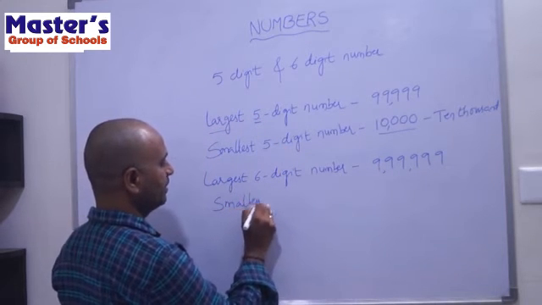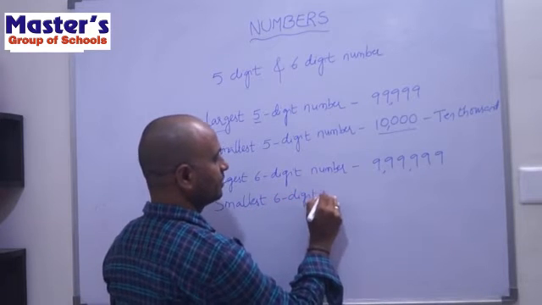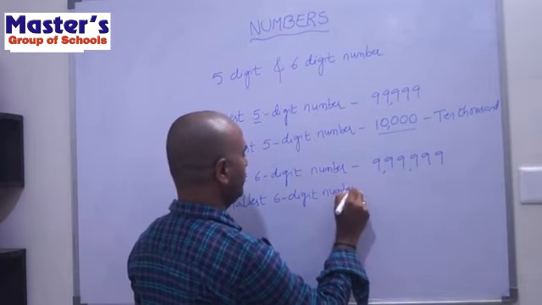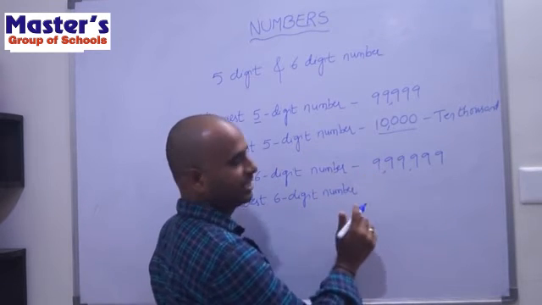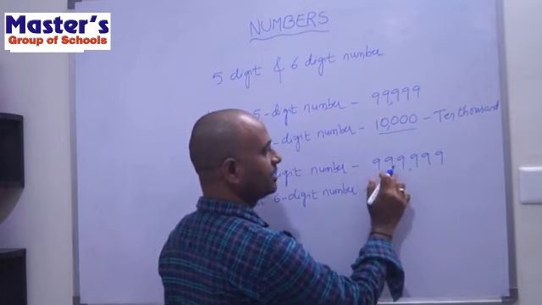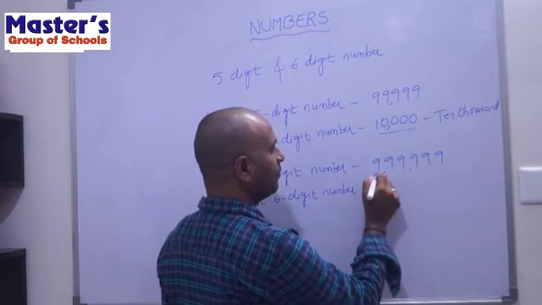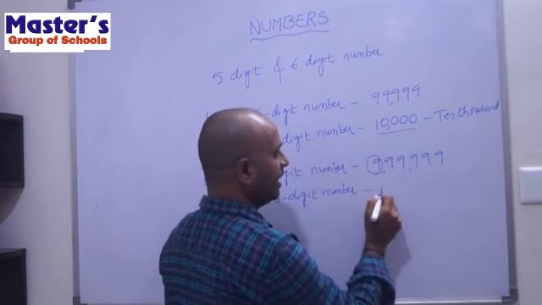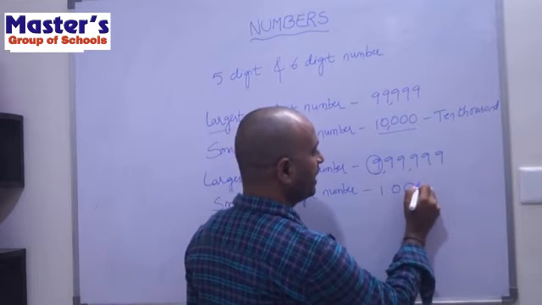And what is the smallest 6-digit number? We can write the smallest 6-digit number from the largest 6-digit number.